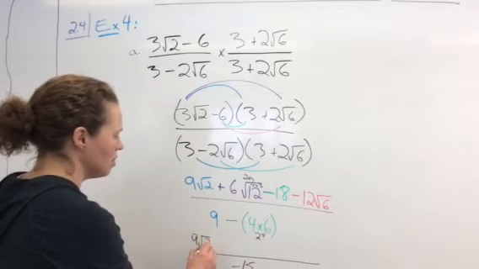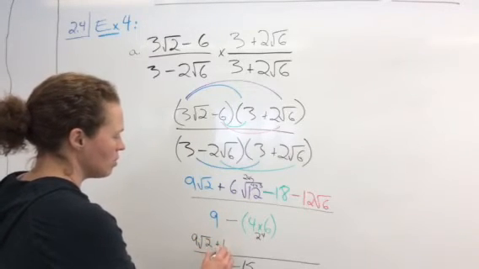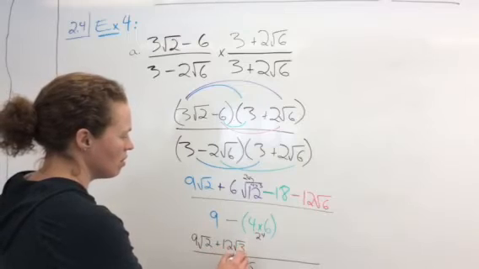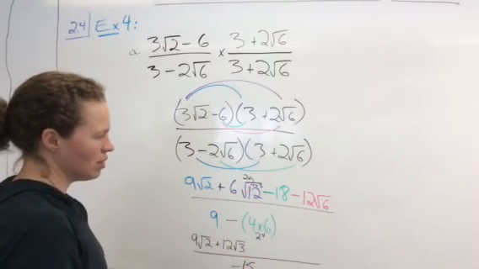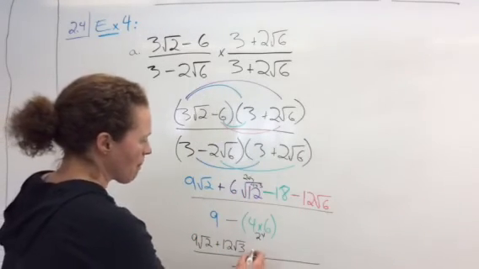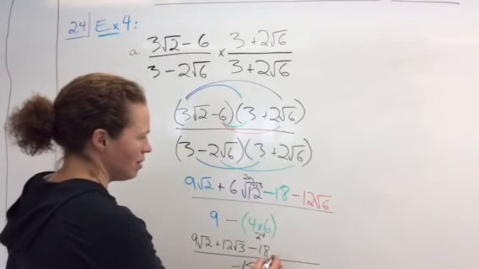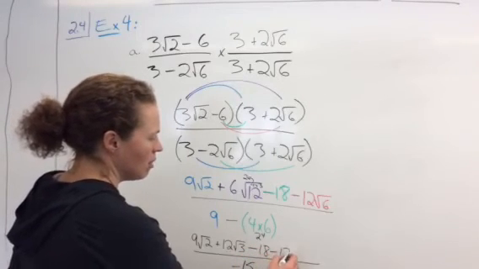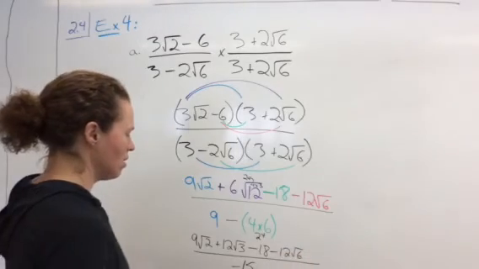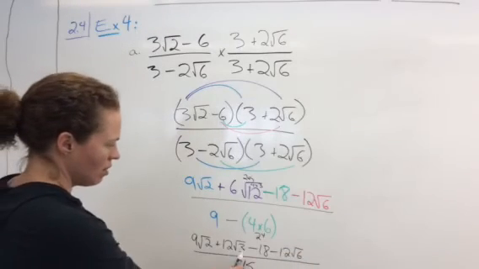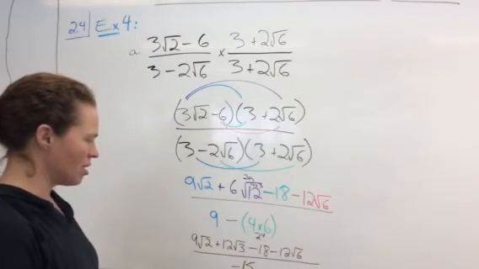So I will end up with 9 root 2 plus 12 root 3, because I solved out the square root of 4, minus 18 minus 12 root 6. So then I can check and see, no, I don't have any other common things.